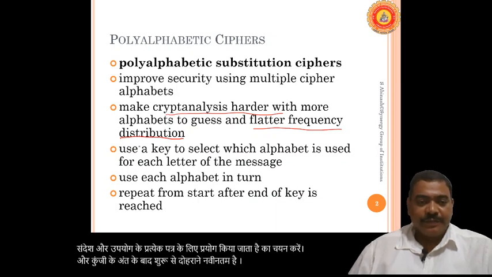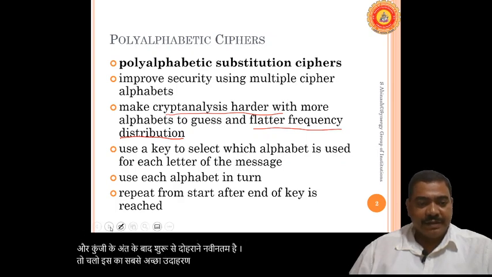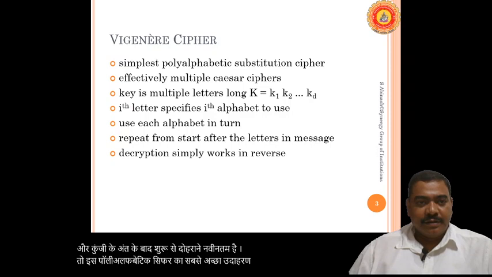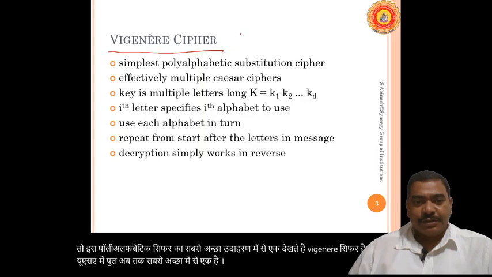One of the best examples of this polyalphabetic cipher is the Vigenere cipher. The Vigenere cipher is the simplest polyalphabetic substitution cipher, effectively multiple Caesar ciphers.